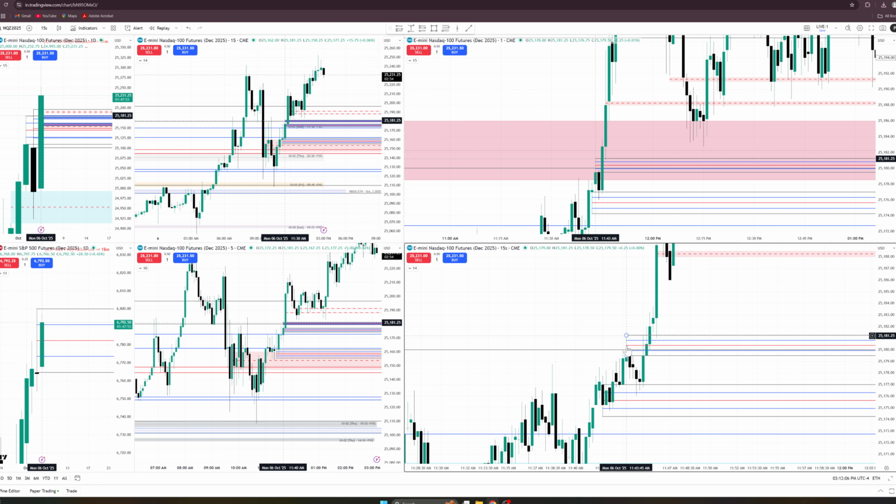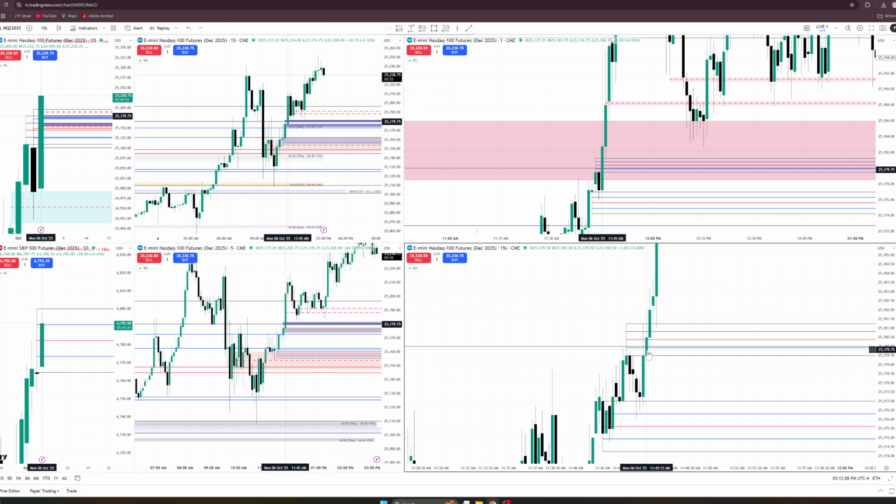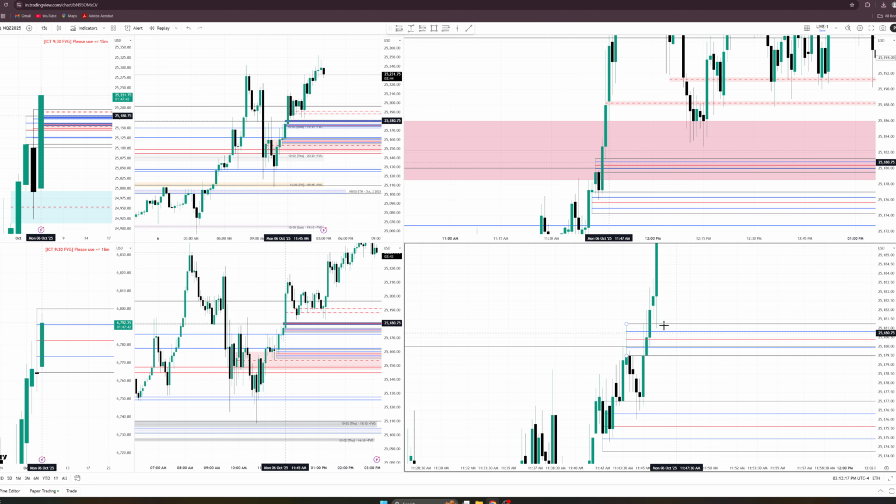But if you have a 15-second chart, once this candle closed above 50% of this, here itself you could have gone long. So how many handles are we saving? Like 2.5 handles. Our risk would have been reduced.